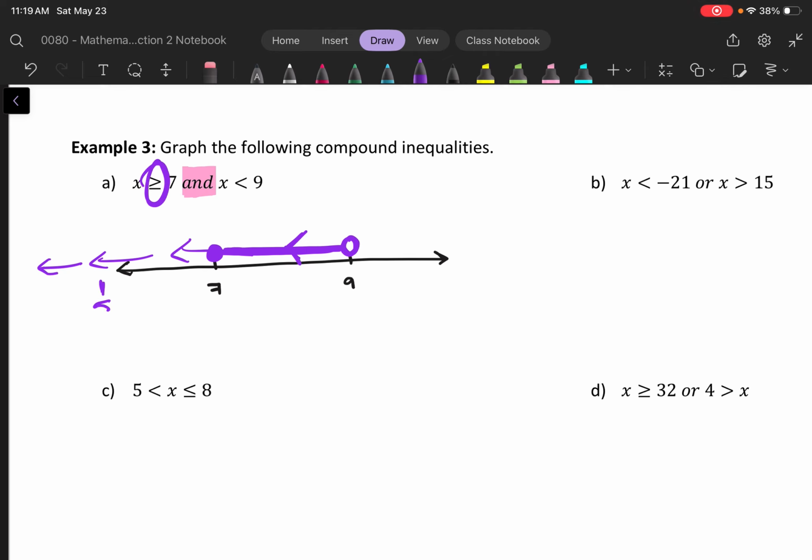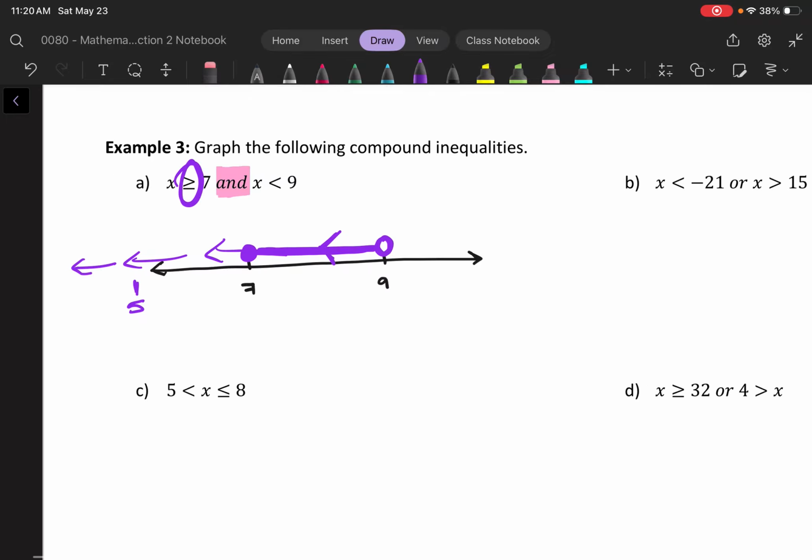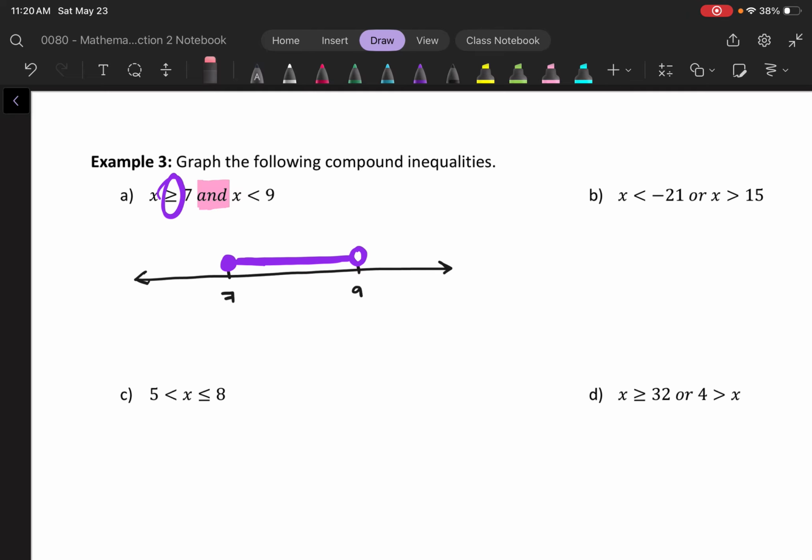And when I get to the number 5, 5 is less than 9, but it is not also greater than or equal to 7. So for those reasons, I can't have an arrow. I am only connecting those two endpoints together because I'm only interested in the numbers that are both greater than or equal to 7 and less than 9.